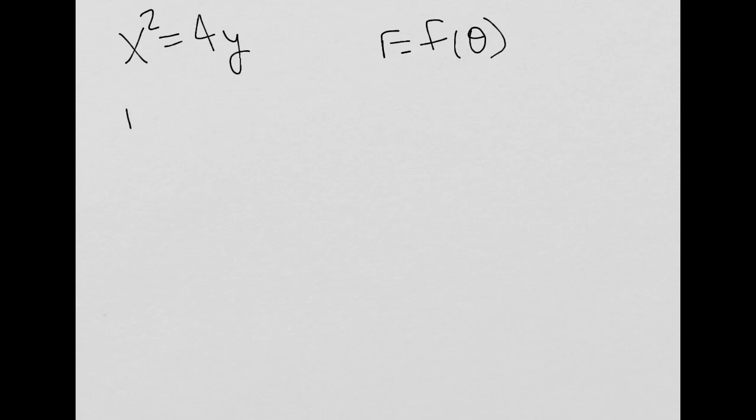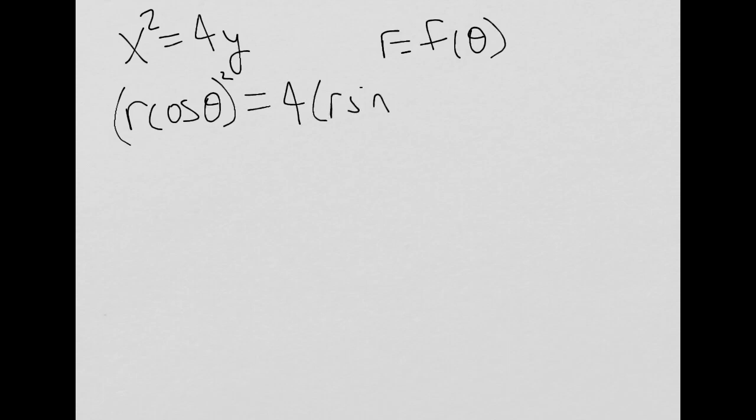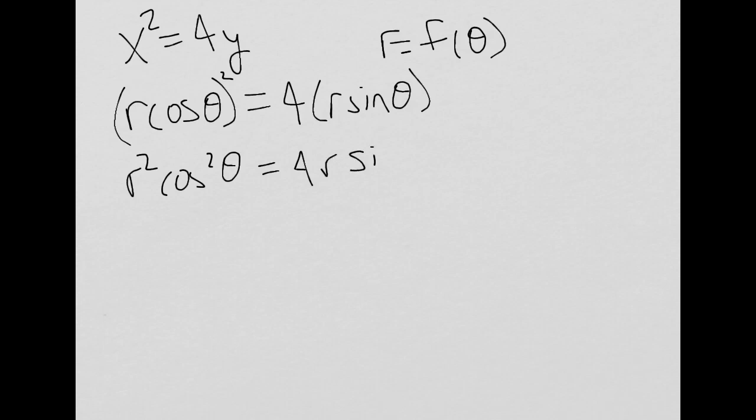So we know that x equals r cosine theta, and y equals r sine theta. So from that, I've got r squared cosine squared theta equals 4r sine theta.